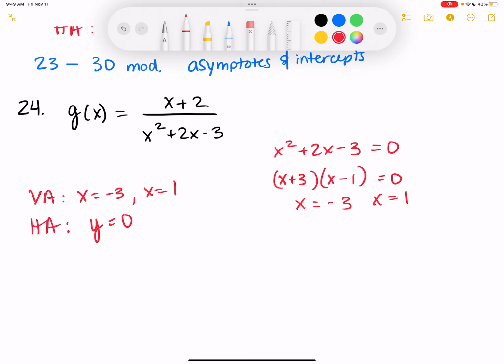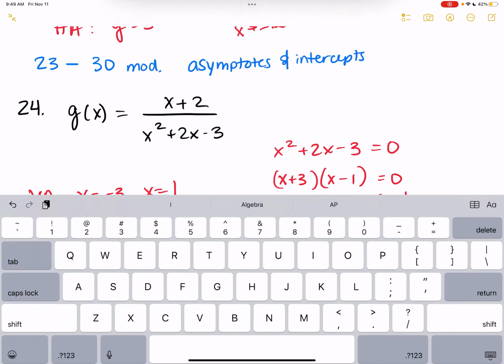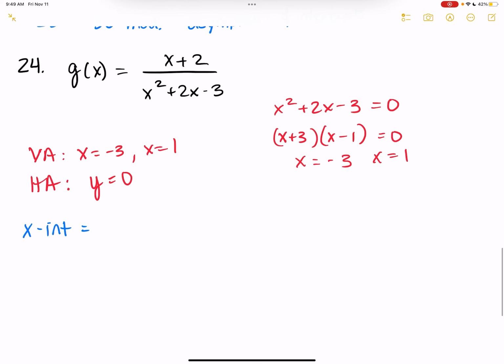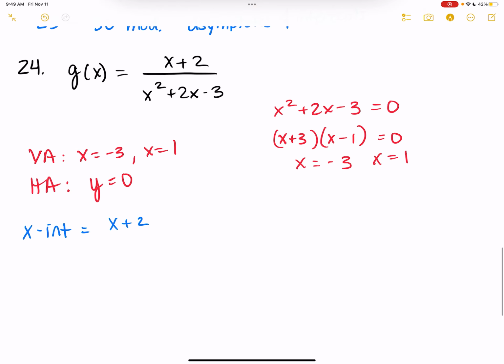Then I need to do intercepts. So the x-intercept, we set y equal to 0 and solve for x. We would have x plus 2 over x squared plus 2x minus 3 equals 0. Now, the trick for x-intercepts is that you really only need to set the numerator equal to 0, because when you multiply the denominator across by 0, it's gone.